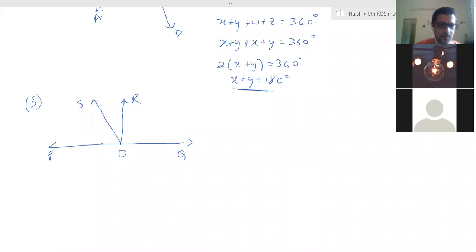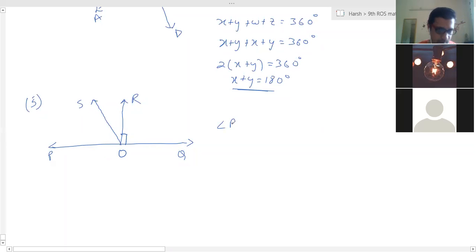So POQ is a line in the figure. OR is perpendicular to line PQ, so it is given perpendicular. That means 90 degrees. OS is another ray lying between ray OP and OR. Okay. Now what you have to prove?